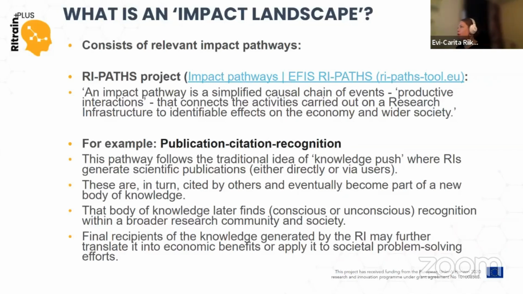One of the impact pathways that they had defined is, for example, publication, citation, recognition. So this pathway follows the idea of a knowledge push, where the RIs generate these publications either themselves or via their users. And in turn, these publications are cited, and then they become part of a new body of knowledge. And this body of knowledge later finds recognition within a broader research community and society.